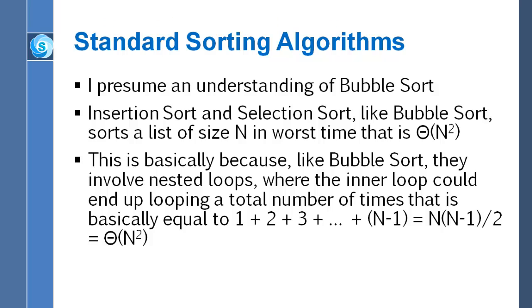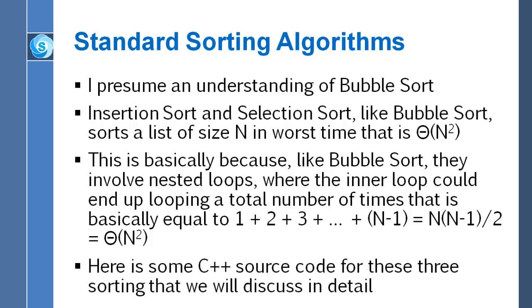And if you look at that carefully, that's 1/2 n squared minus 1/2 n. And of course the dominant term there is the 1/2 n squared. So we're saying that n times n minus 1 over 2 is dominated by 1/2 n squared, and that of course is capital theta n squared.